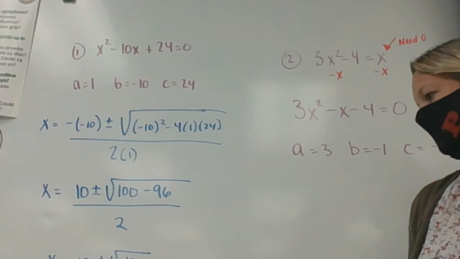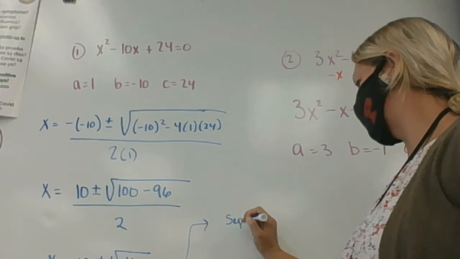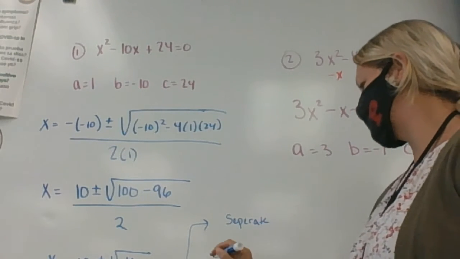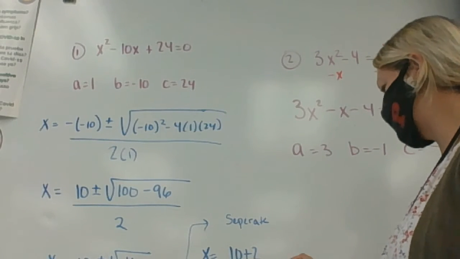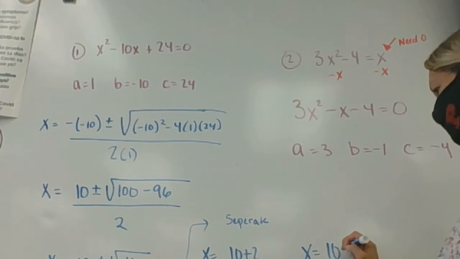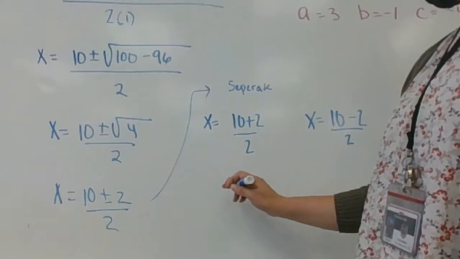Okay, good. So now, here's where we talked about yesterday. You want to separate the plus and the minus. So I'm going to do 10 plus 2 divided by 2, and I'm going to do 10 minus 2 divided by 2. At the end, you separate it.